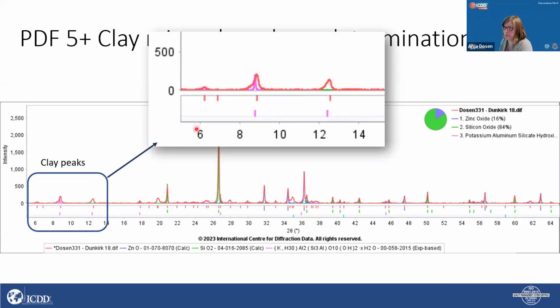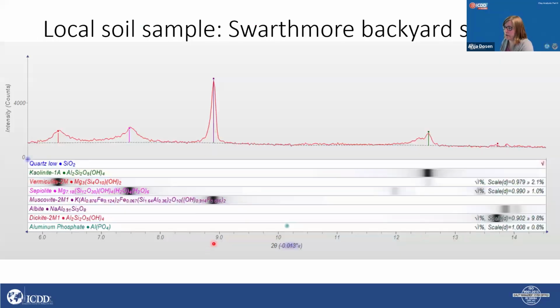This was done in PDF 5+, and I have removed the background so we can actually see this peak. But I'm showing this to you so you can see how small and broad this peak is, because before the background removal, you were not able to determine whether this is actually a peak or not. So this is something important to consider when you're doing clay mineral analysis.